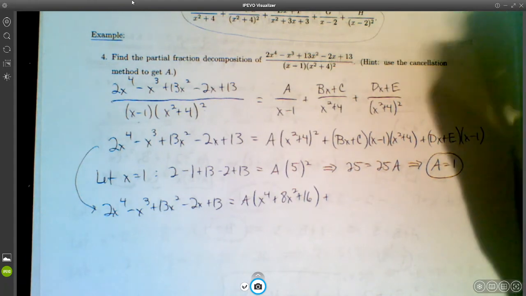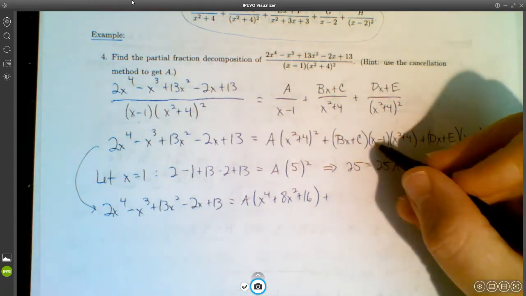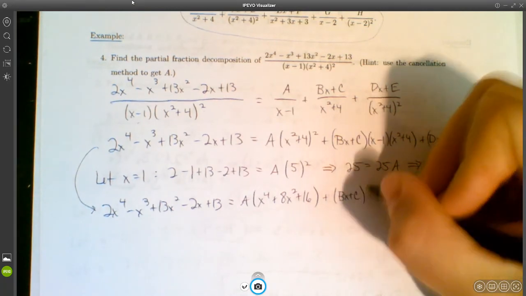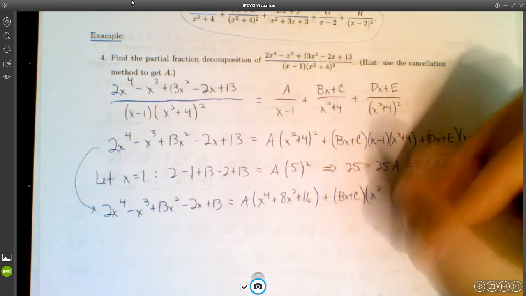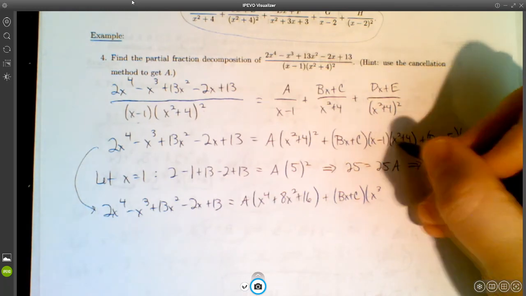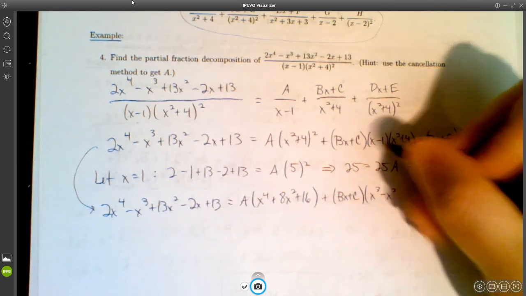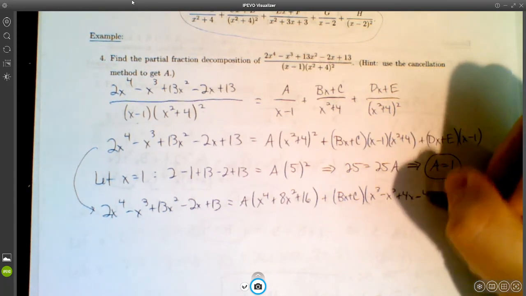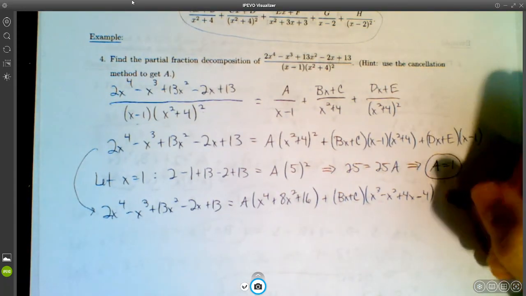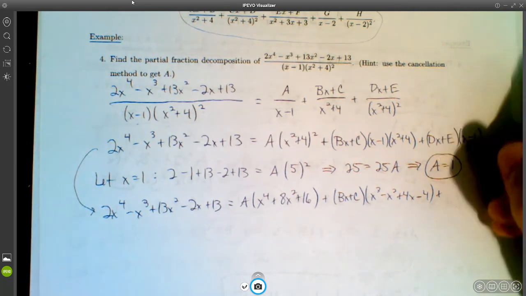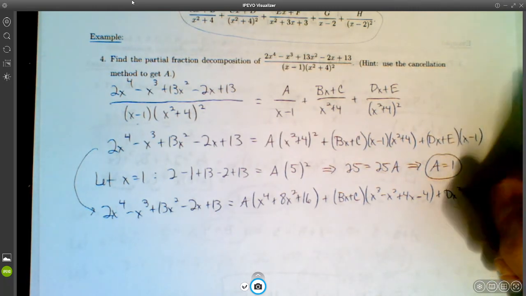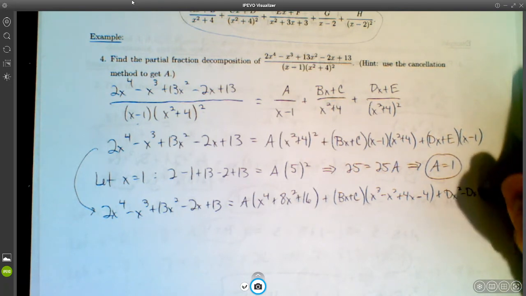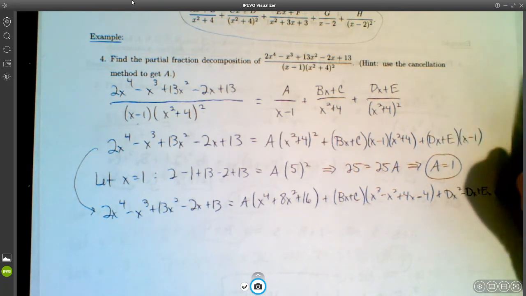Oh my goodness. So it's going to be bx plus c times x cubed minus x squared plus 4x minus 4 plus dx squared minus dx plus ex minus e.